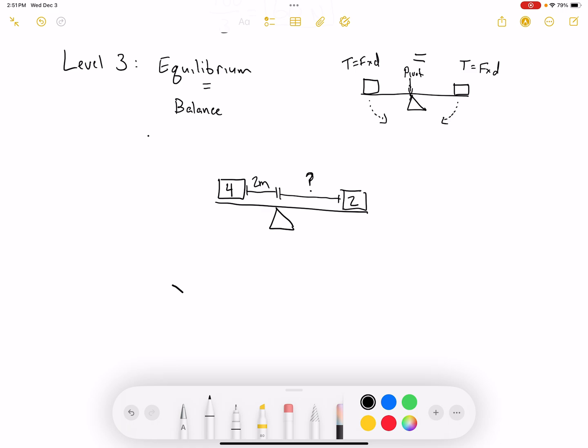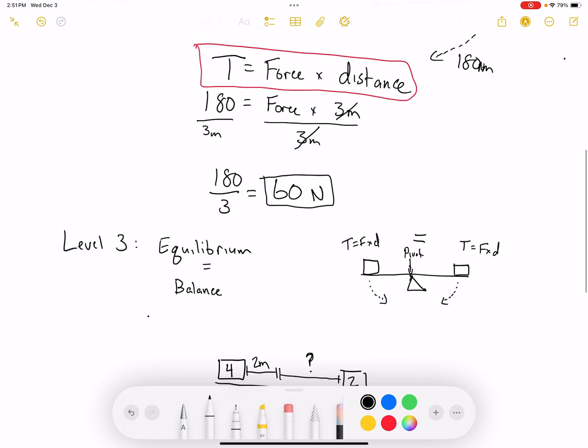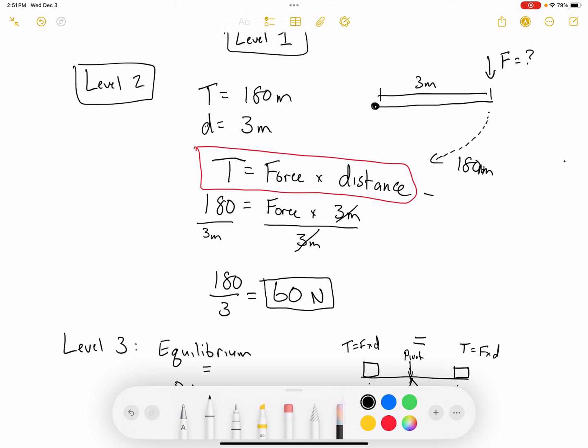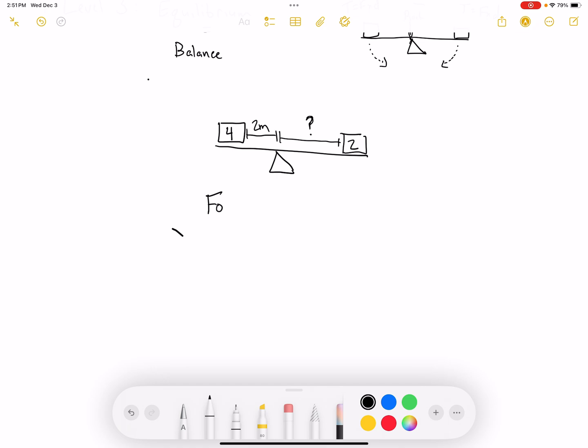Now, we can solve this using our torque equation. But in this case, I'm not just going to write it down once, I'm going to write it down twice because we have 2 objects. I know that torque is equal to force times distance. Again, that was our equation up here. This is still important because now I'm going to say that the force times the distance on the left side of my pivot point is going to be equal to the force times the distance on the right side of my pivot point.